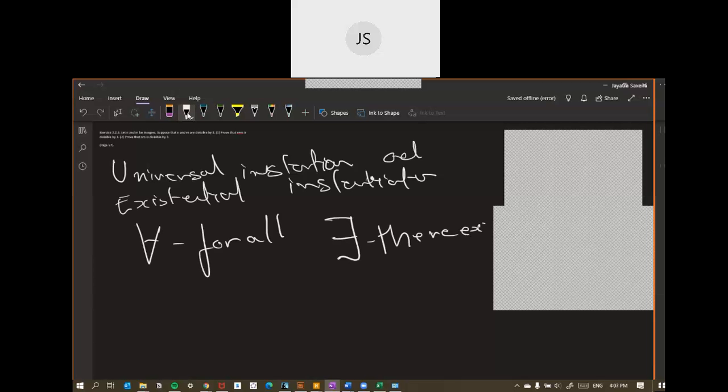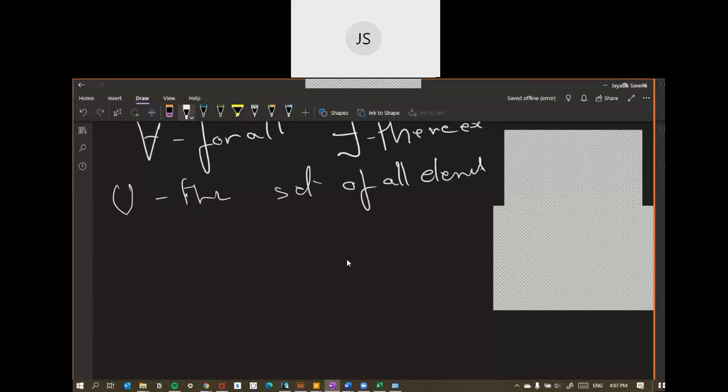Generally, let's say U is the set of all elements. Then we like to write our statement. So let's say P is a statement about x.